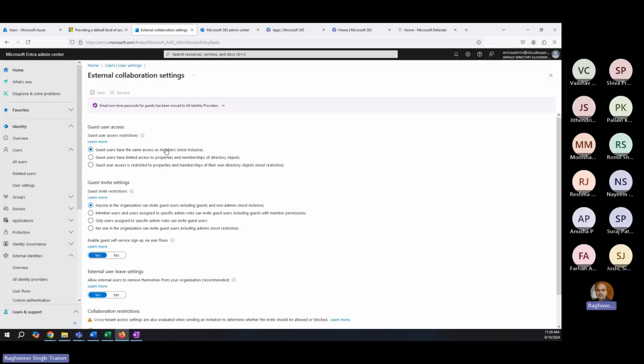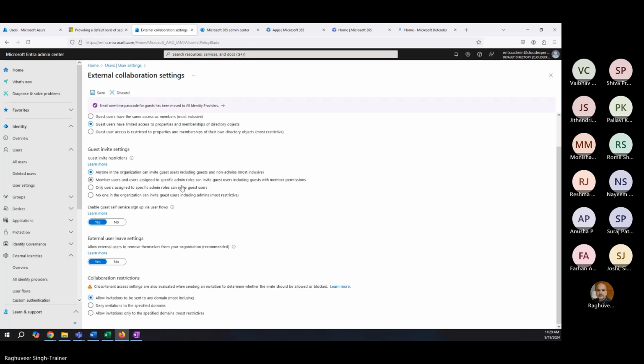So guest users, same access? No, never. Then guest invite settings. Who can invite? Anyone in the organization can invite. Member users and guests and users assigned to specific admin roles can invite. Only users assigned to specific admin roles can invite. No one in the organization can invite guest users, including admins.